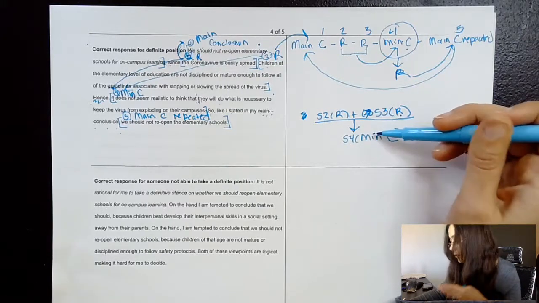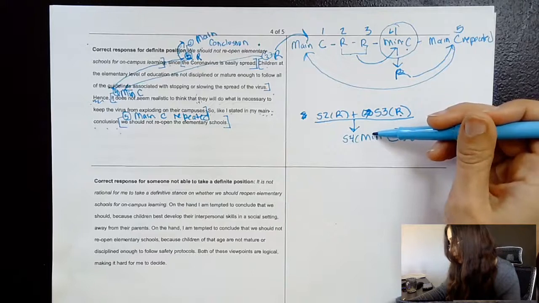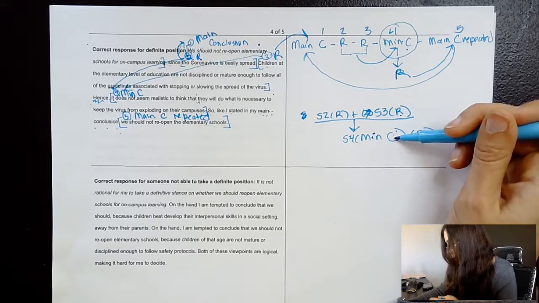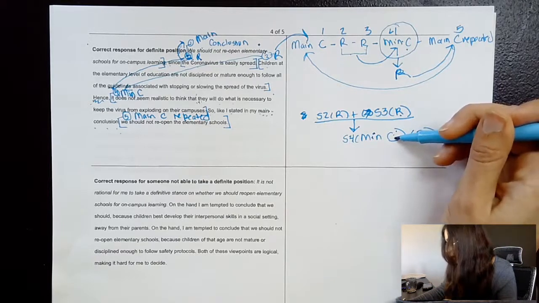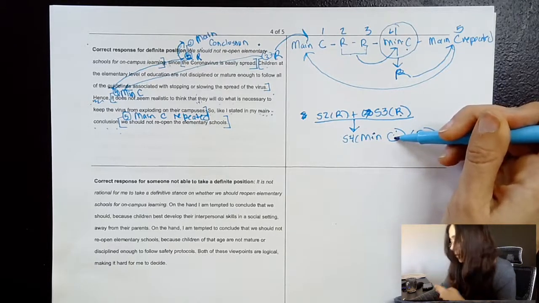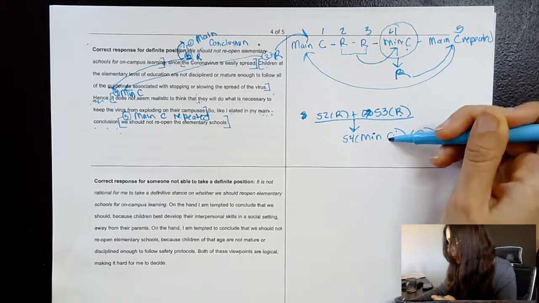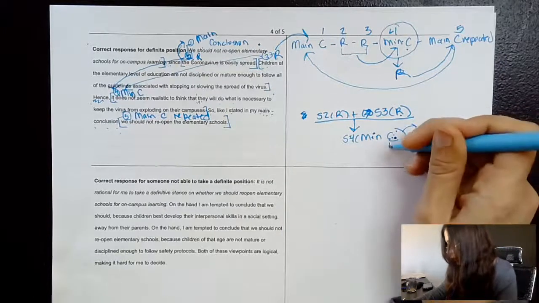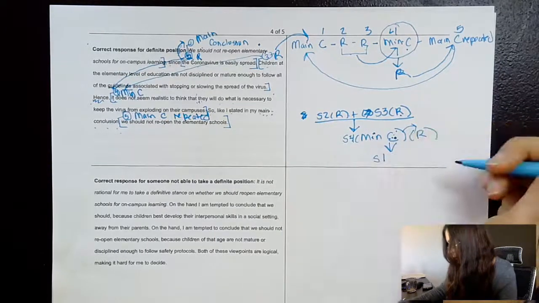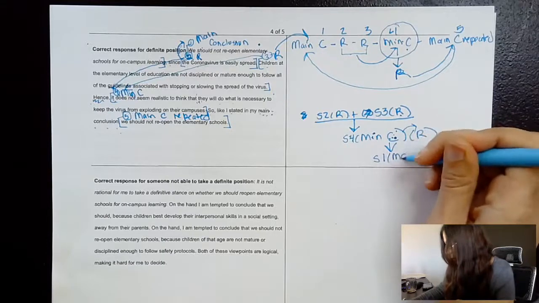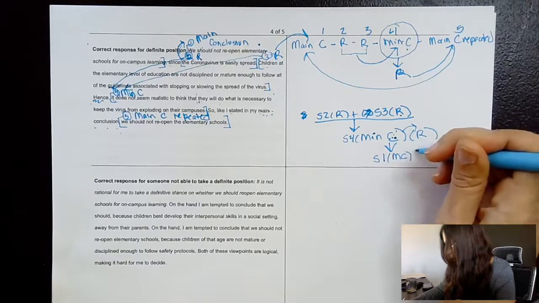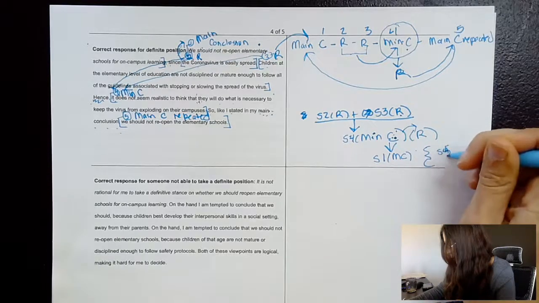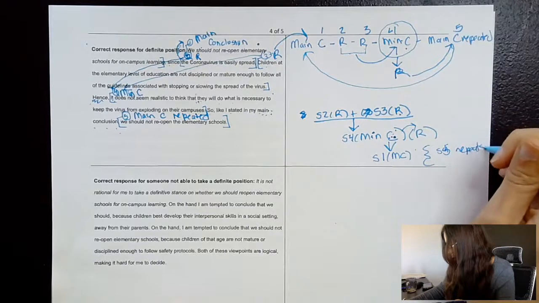And because the writer believes they have established S4, they think that S4, which is a minor conclusion, can also be used, or also functions, as a reason to support what? S1, the main conclusion. And of course, S5 repeats S1.